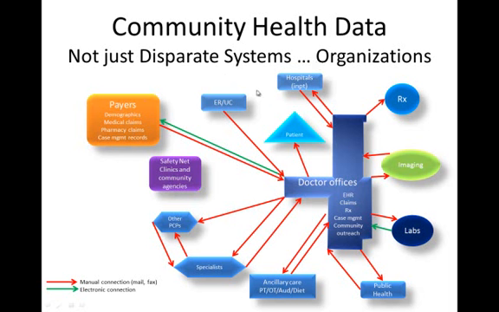So a patient's data, they may have hospital data, they may have pharmacy data, they have imaging data, labs. The public health organizations have data on them, specialists, other PCPs that they've seen, and of course payers, on and on. So lots of different organizations have data about each patient, and in order to get the full picture, you need a different architecture, and that's what MyHealth is seeking to produce. And that's what we'll look at next.